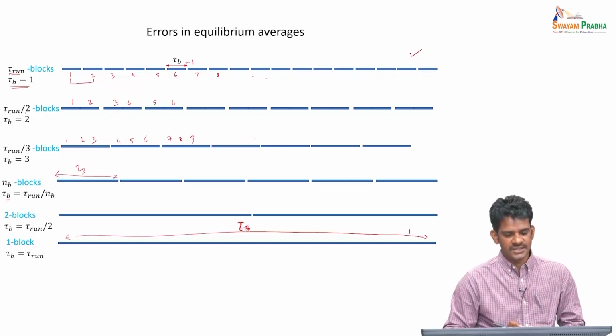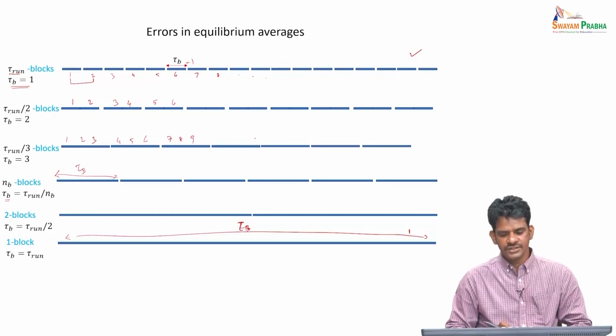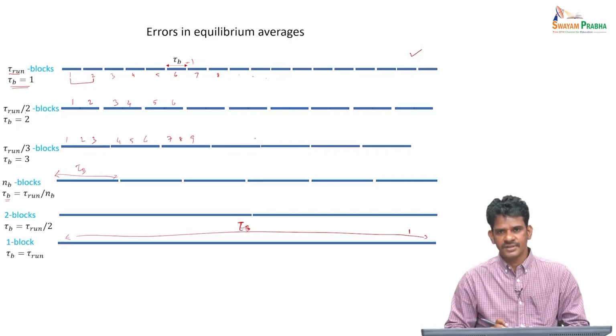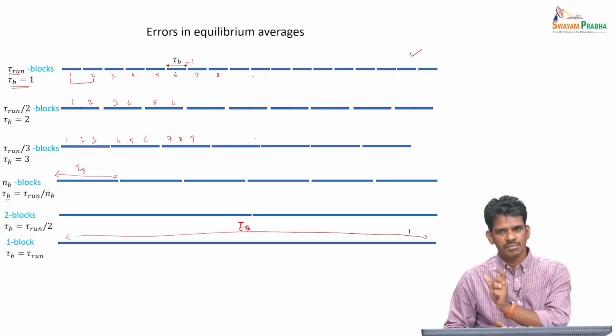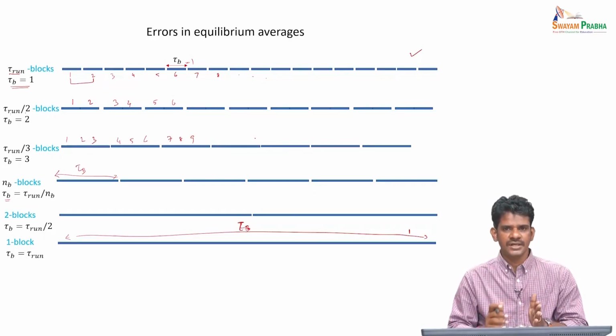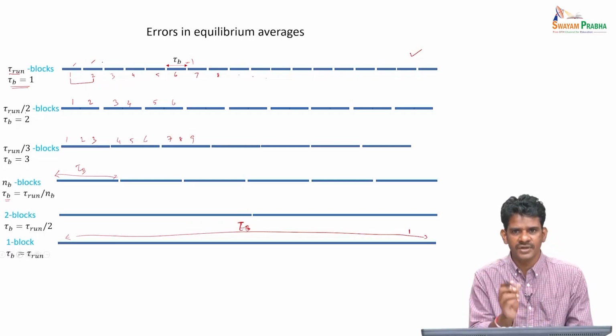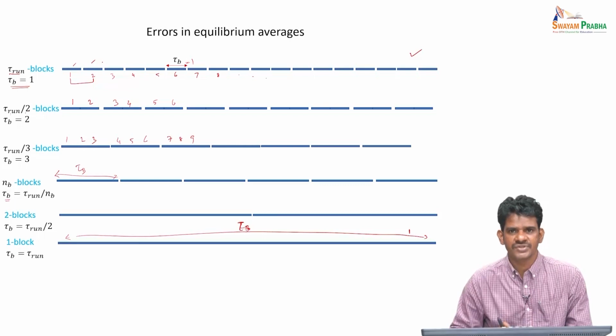The reason we do that is, if I calculate the mean from any of these blocking operations, the arithmetic mean will not change. However, by combining data sets into small blocks and then taking variance from these blocks, we can reduce the statistical dependence of the data set. So this blocking operation allows us to decouple the statistical dependence among the data sets. For example, these two data sets could be highly correlated because they are separated by 1 unit of time step.